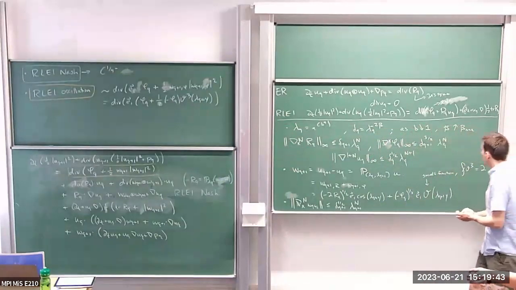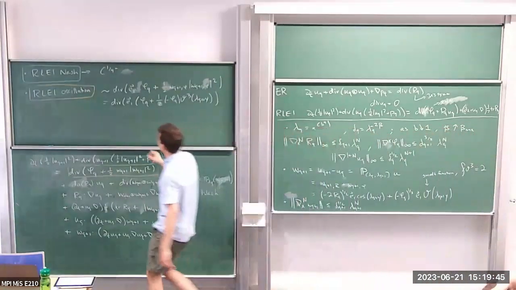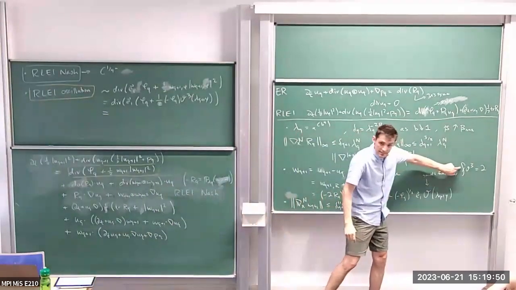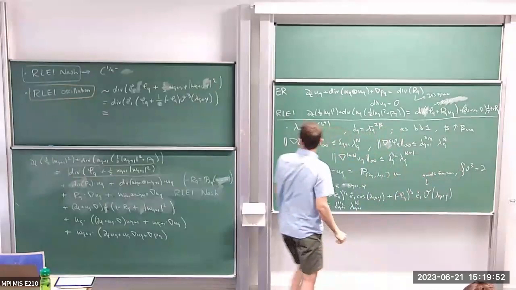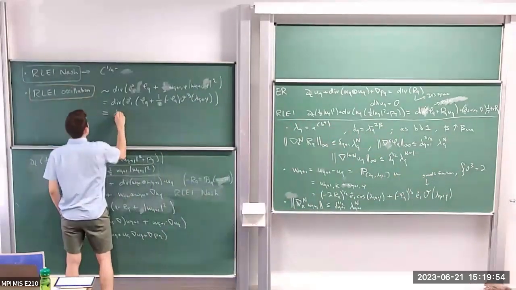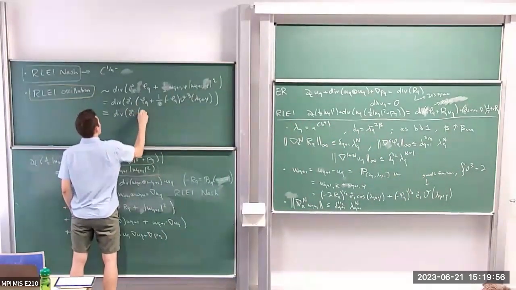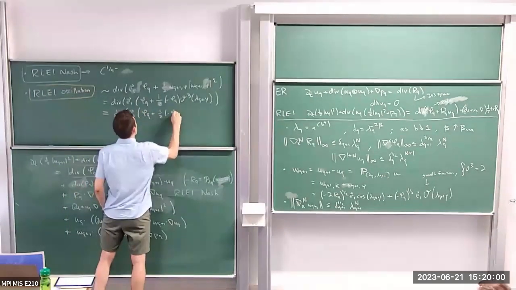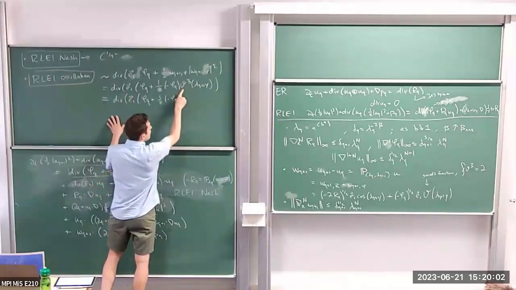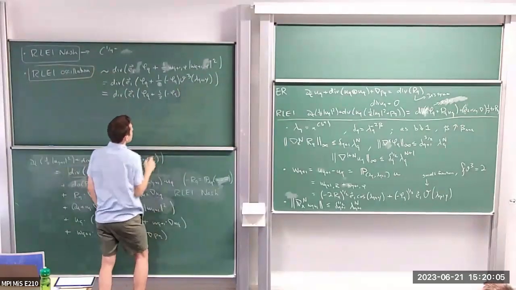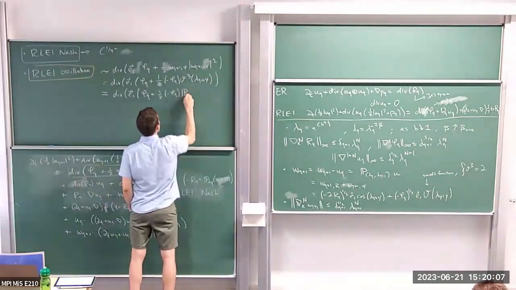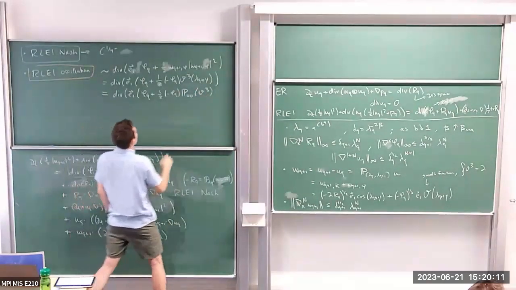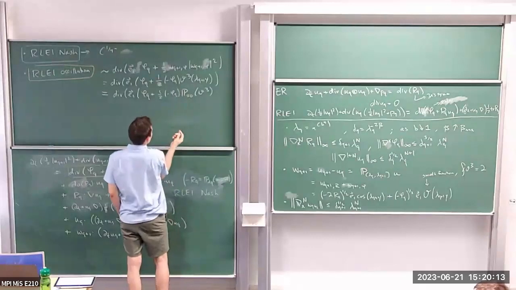All right, and now we see why it's important that we normalize this thing in L3 to have size 2, because I can split up this high frequency function cubed into its mean and the other term.